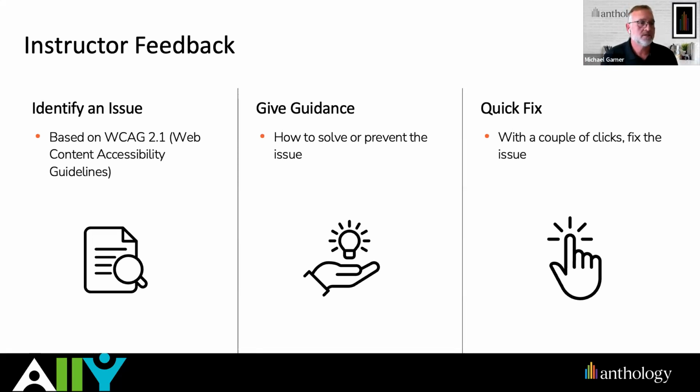It will give guidance on how to solve that. So it starts to touch on, why is it important that I think about this? What does it mean to users when I actually have something that supports this? And how do I fix it? So it gives some step-by-step guidelines, and they can fix the issue as they work through their content creation.